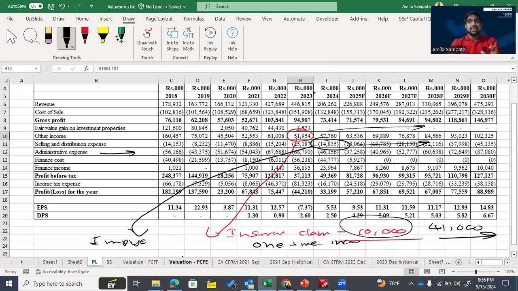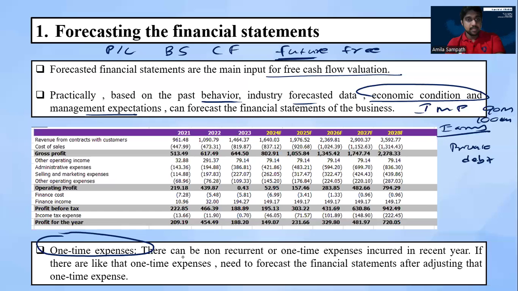If we have such one-time expenses or one-time income, we need to eliminate them from our financial statements and forecast without considering them. For examination purposes, that's the main thing to keep in mind, because in some situations your examiner can ask you to adjust for those things.